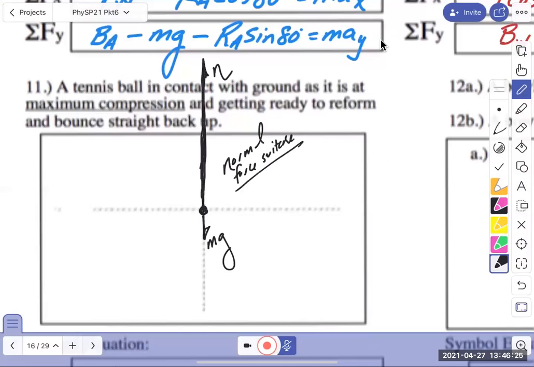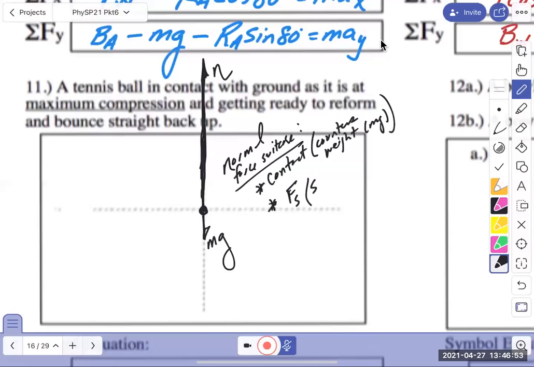And this suitcase contains the normal contact you would have, which counters weight, mg. I'll just say weight; weight and mg are the same thing. And it contains the spring force.